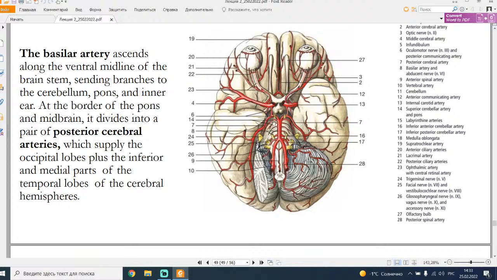The arteria vertebralis connect and form arteria basilaris. Arteria basilaris divides into two arteries, the posterior cerebral arteries.